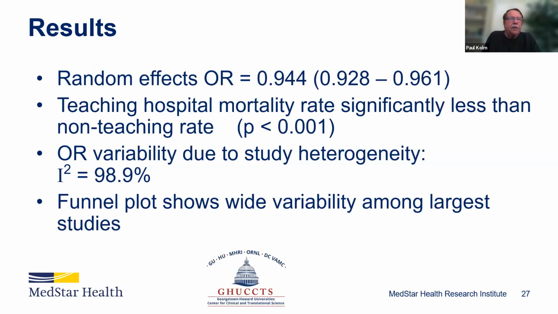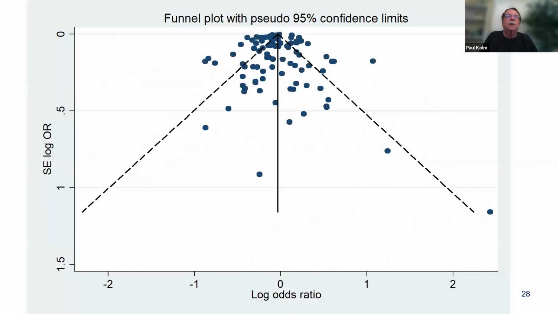And so in this meta-analysis, we did a funnel plot, and this is what a funnel plot looks like. It plots the log odds ratio against the standard error of the log odds ratio. What you want to see in this plot is all of the studies within the 95% confidence intervals, with the smaller studies near the bottom.